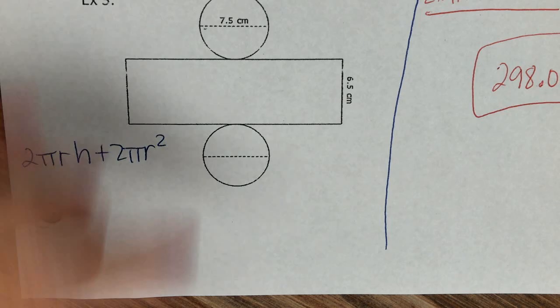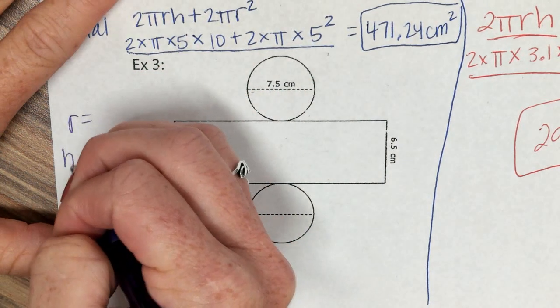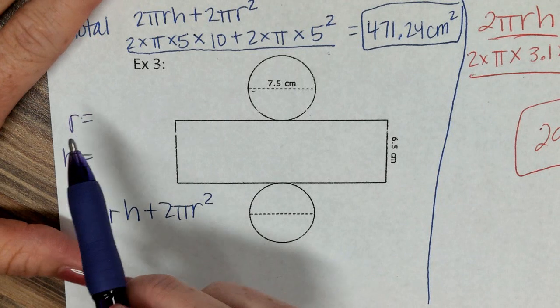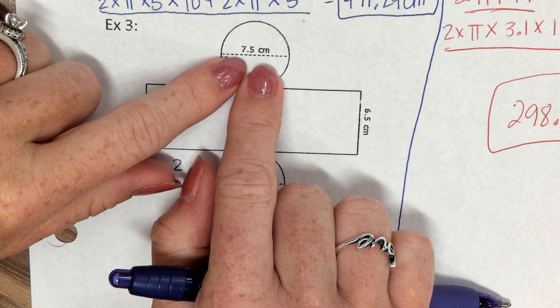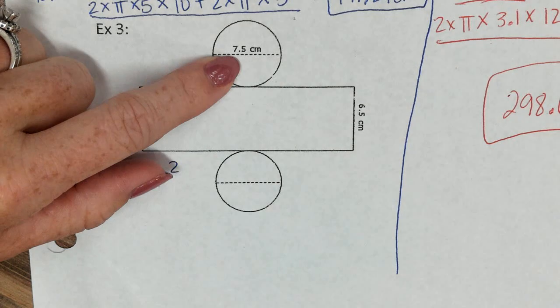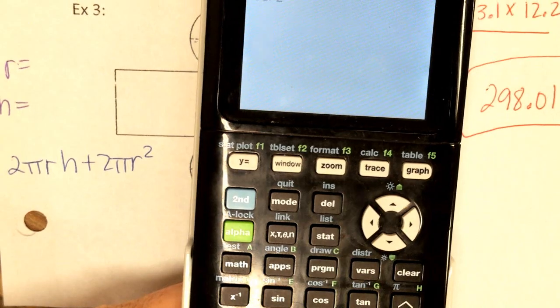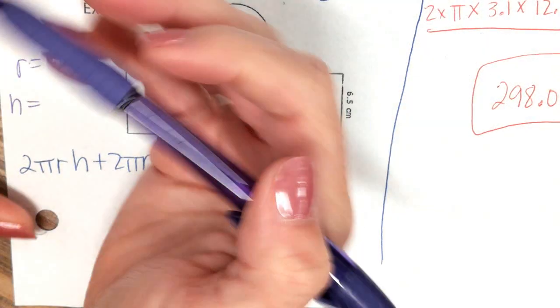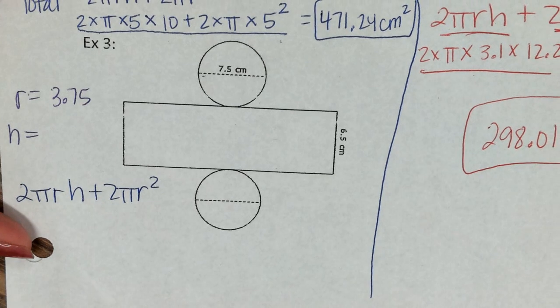Okay, if you're still working, that's okay. Keep working. But you need an R and a what? The radius has to come from the circle. So you go to the circle. Is it halfway through? No. So I divide it by 2. 7.5 divided by 2 is 3.75. Check your R and make sure you put 3.75. Yes?